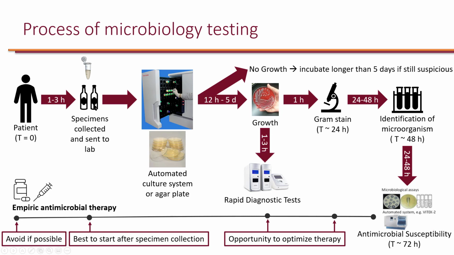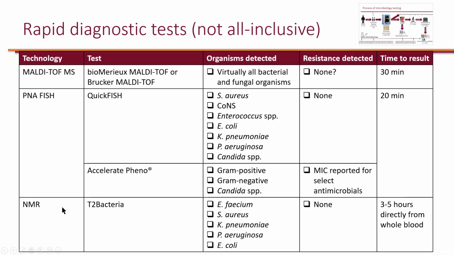With the T2, when it says direct from blood, that means if you got blood samples from the patient, it goes directly from here to rapid diagnostic test. So you save half a day or so. That's the big thing with the NMR technology.